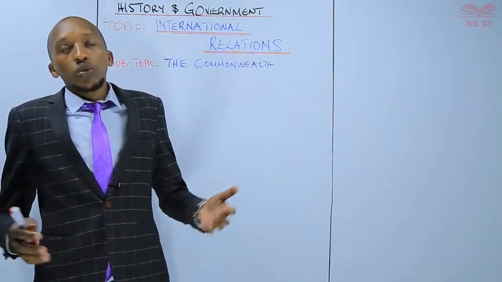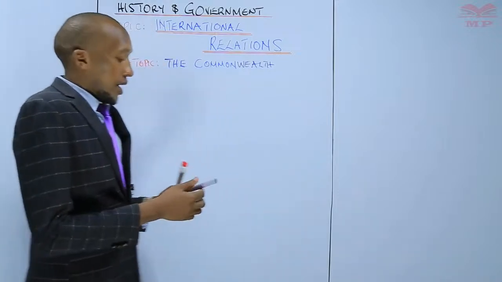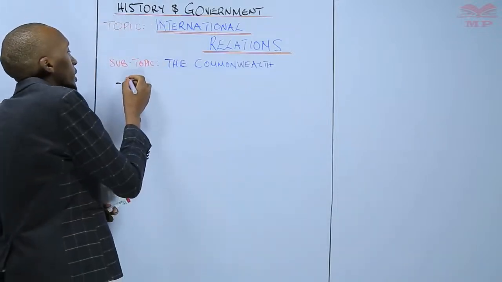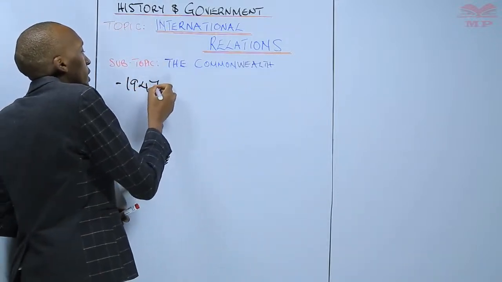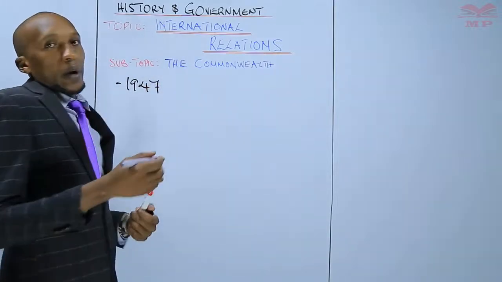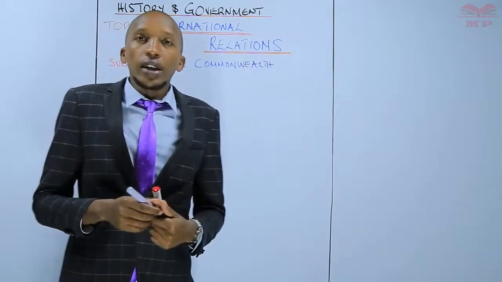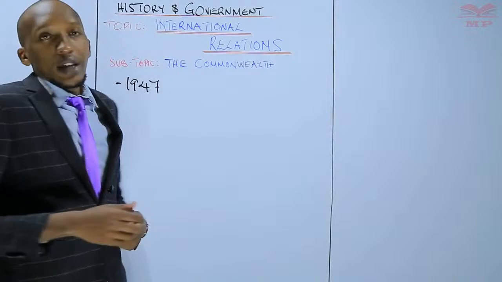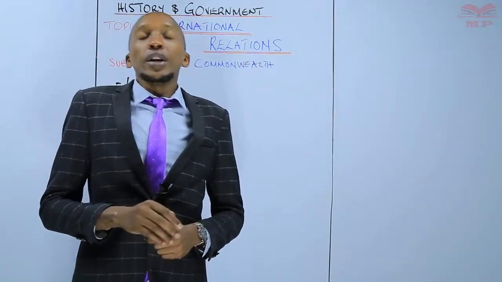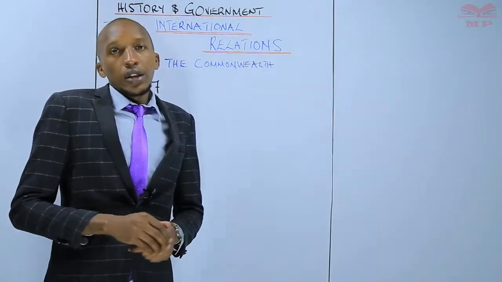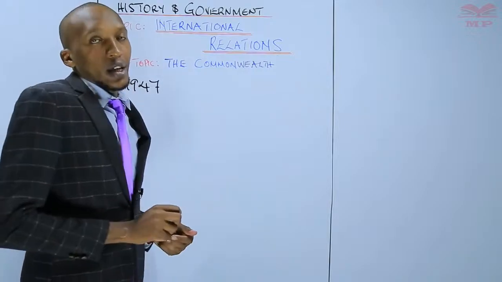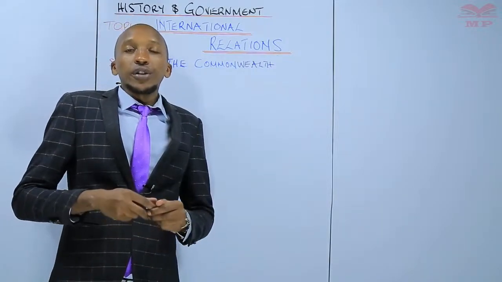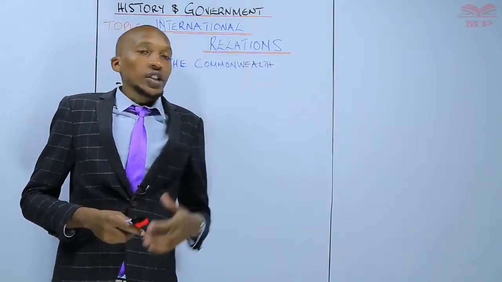We said it was instituted in 1947. 1947 is the year when it started to operate as an organization, and this happened after the independence of India. India was a colony of Britain, and it is in Asia.